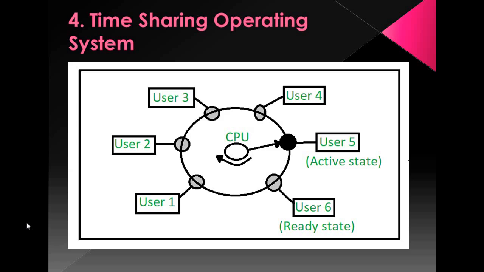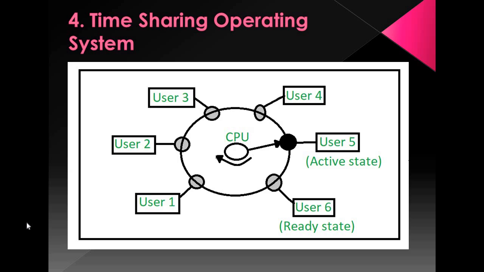When the user 6 finishes with its time quantum, the next time slice will be given to user 1. If the user 1 does not have any processes to execute, it will be given to user 2 and so on till all the users finish with its processes.